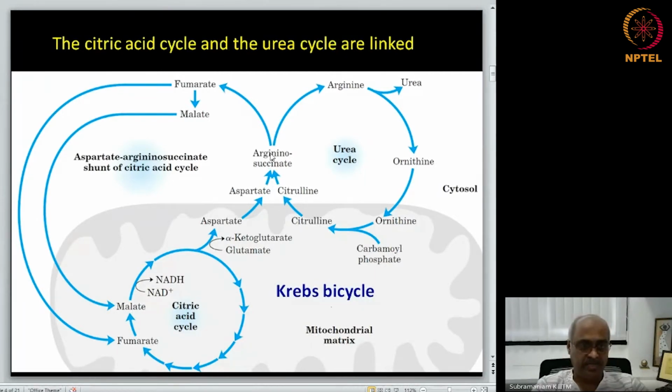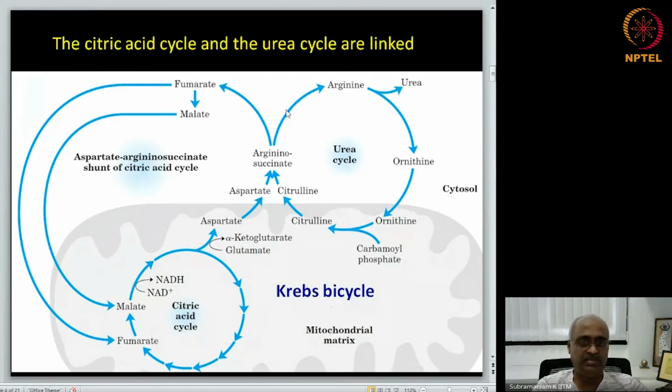When the carbon skeleton of aspartate is cleaved off as fumarate, this fumarate can be converted into malate by the same type of reaction that happens in the TCA cycle in the mitochondria, but here it is going to be in the cytosol. A similar isoenzyme present in cytosol does that. Both of these can enter at two different places in the TCA cycle. That is how, via the aspartate-argininosuccinate shunt, shunt meaning a side track of the main path.